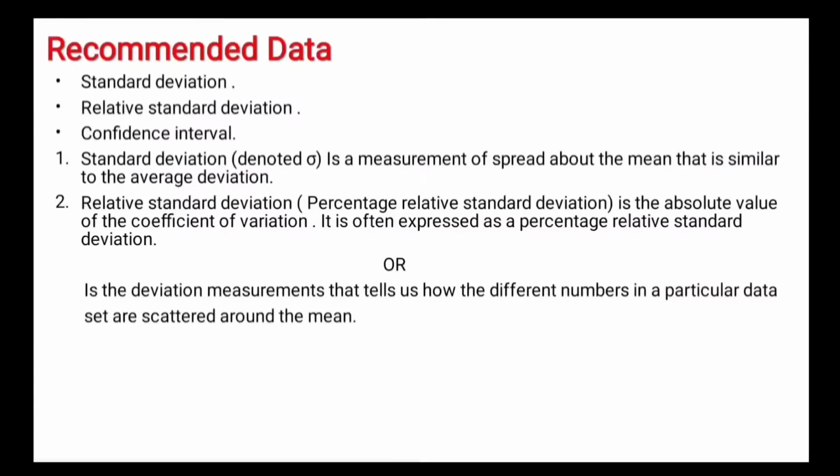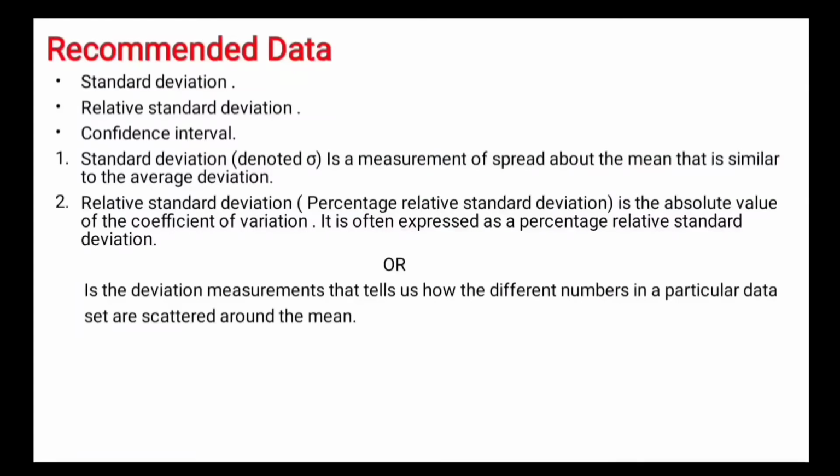Recommended data in precision. There are three recommended data required in precision. First is standard deviation, second is relative standard deviation, and third is confidence interval. Standard deviation, it is a measurement of spread about the mean that is similar to the average deviation.